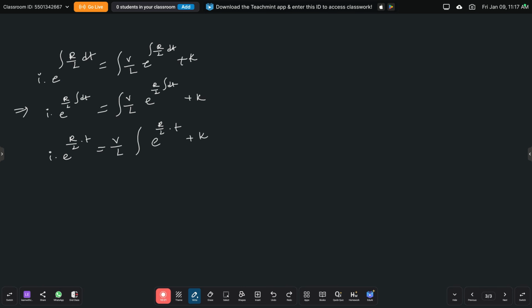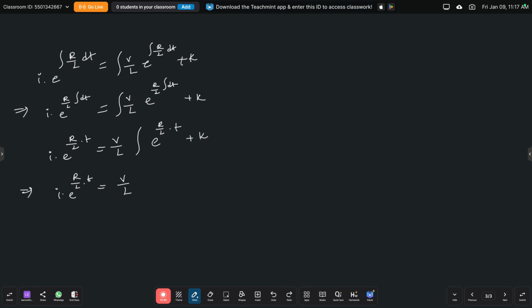Now we take this equation and simplify again. So I into e power r by l into t is equal to v by l into integration of e power r by l into t plus constant k.